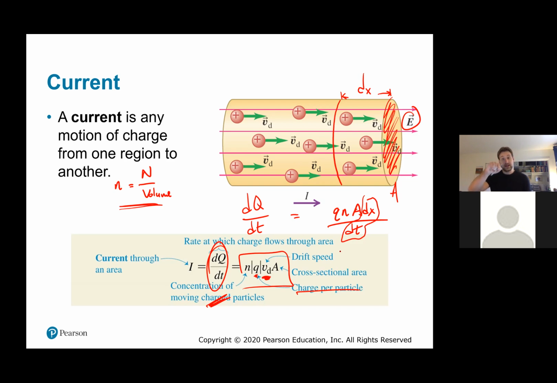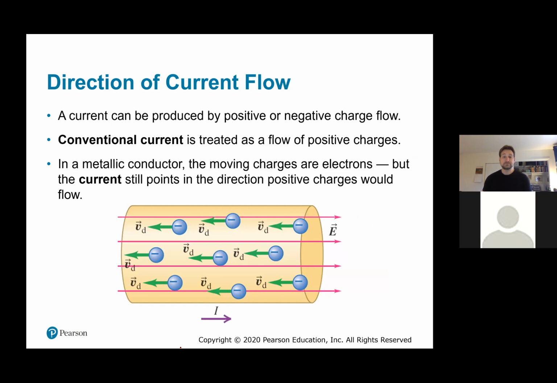We're taking the absolute value, the magnitude of the charge per particle. Sure, the electrons are moving the other way with some speed, but we define the current as in the direction of positive charge carriers. Current points in the direction that positive charges would flow.